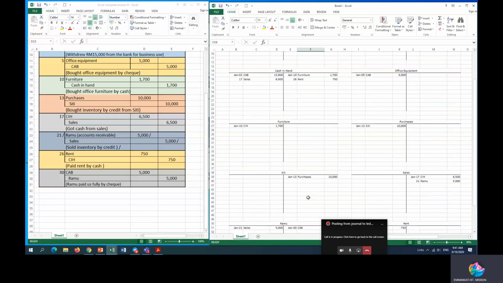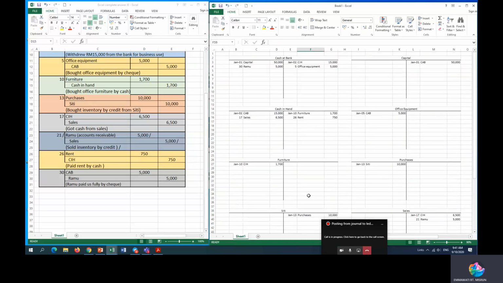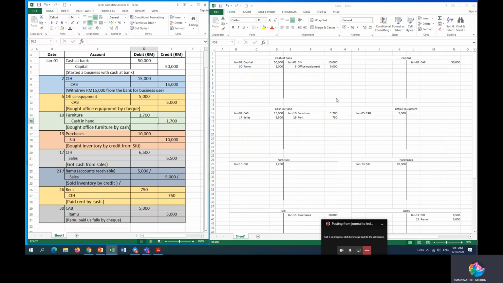Okay, so we are done with the posting. These are the accounts that we have opened from the posting from journal to ledger.